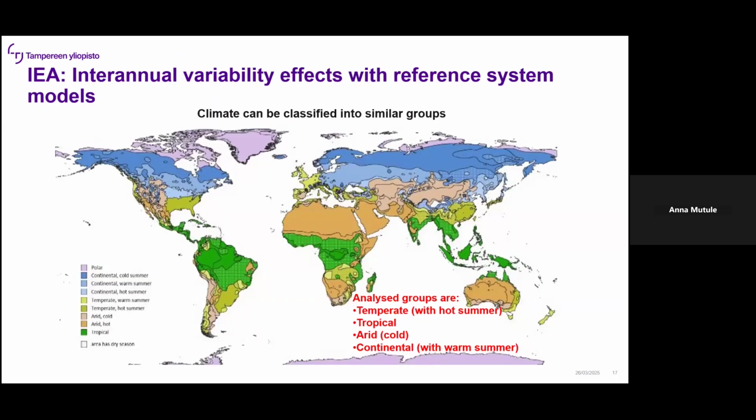To explore this impact of interannual and seasonal variability on energy systems, simplified reference models were developed for the different climate zones around the world. As shown on the map, those zones include temperate regions with hot summers, tropical climates, arid zones with colder temperatures, and continental areas that experience warm summers.